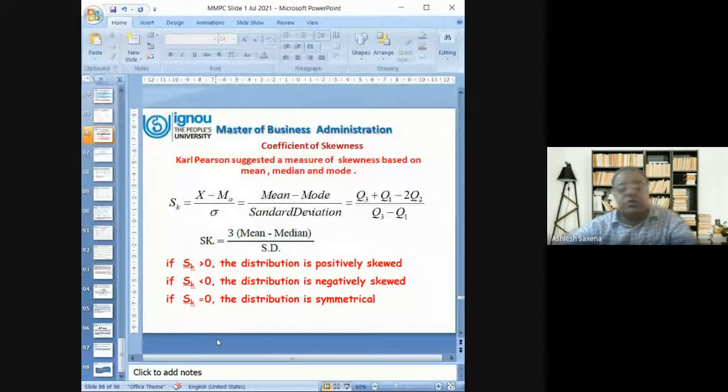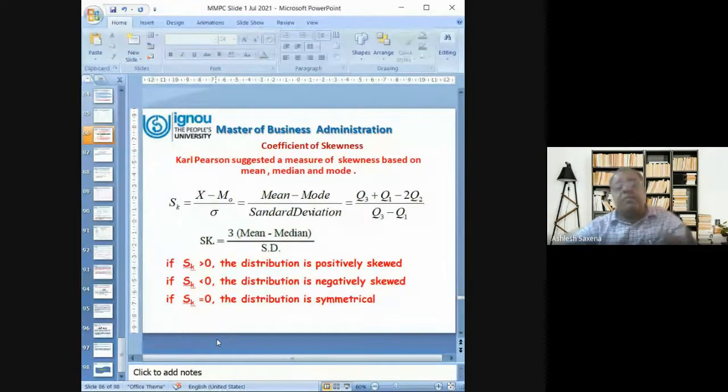It was all proposed by Karl Pearson, what could be the relation between mean, mode, and median and standard deviation. The first one is Sk is equal to x bar minus mode upon sigma. That is mean minus mode upon standard deviation. And the third formula is in terms of quartile deviation, in quartiles.